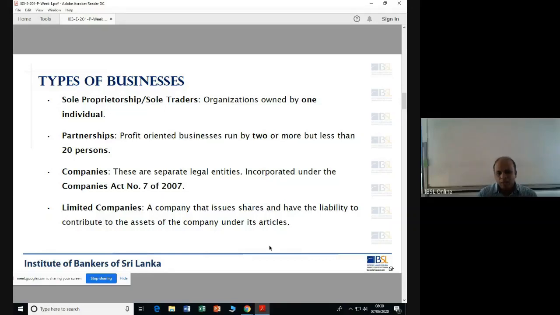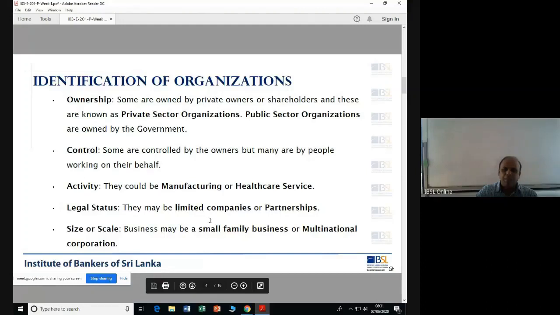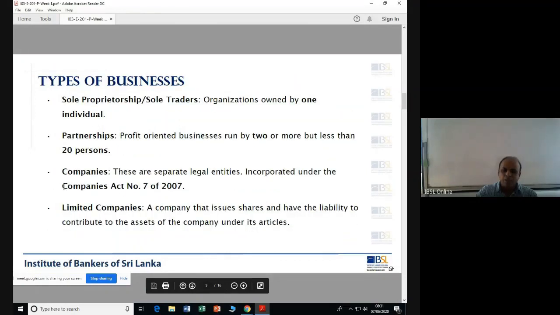Now we are looking at companies and going to the next step. In my previous slide, where we talked about limited companies, I hope you may recall, we spoke about limited companies under legal status. So how is this legal status coming? With the introduction of the Companies Act number 7 of 2007, you are getting the legal status.